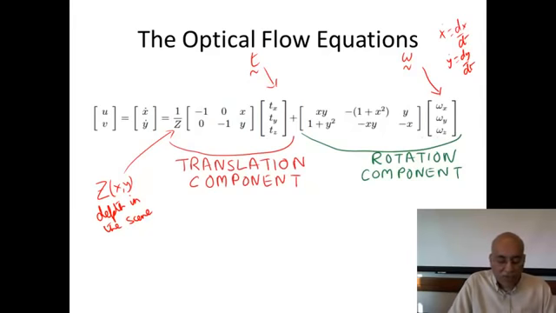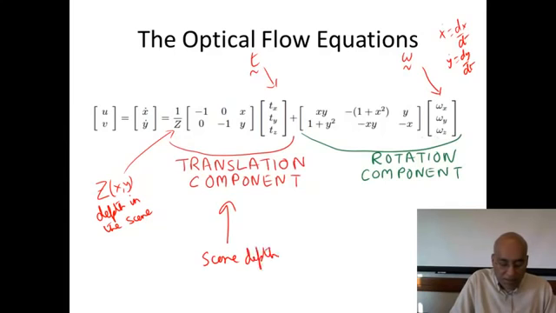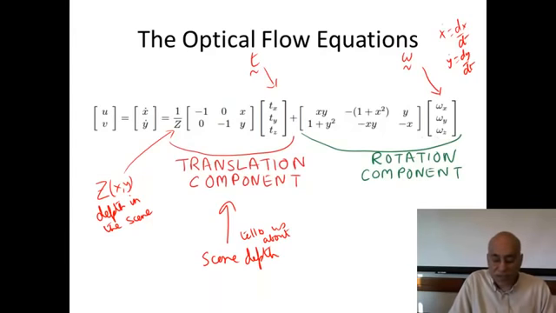We observe that the translational component has a dependence on depth. So this is going to tell us something about scene depth. The rotation component has no dependence on Z. So what the rotation component does is it just tells us about rotation.